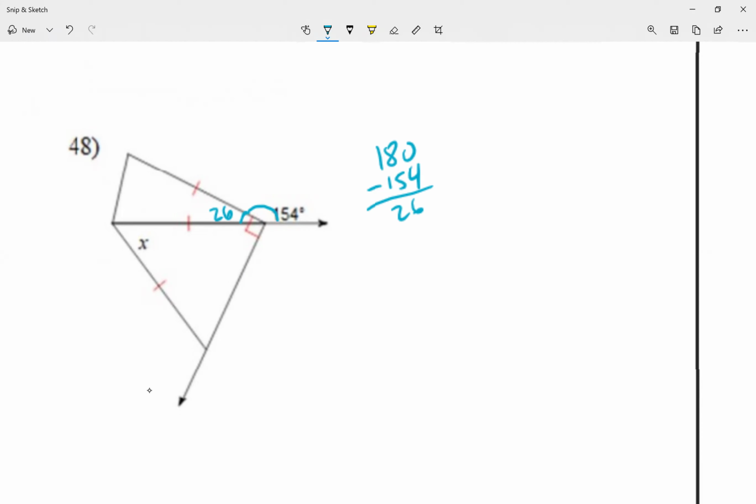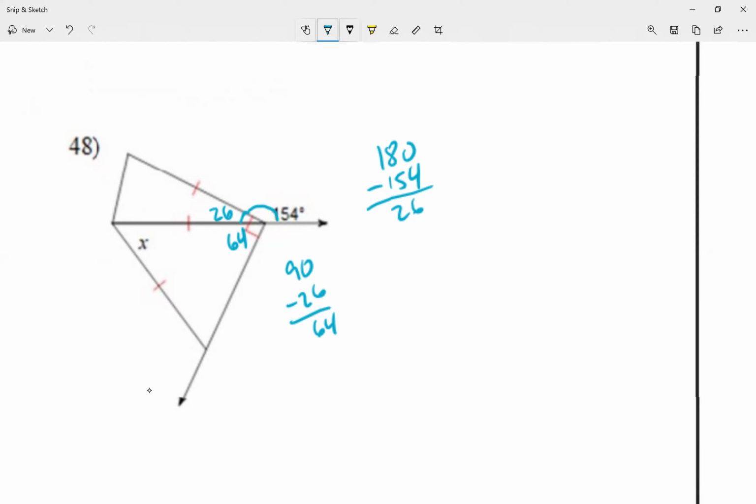Okay, what other number do we know? There's a 90, right? You see the red box? That corner is 90, but that is these two little angles combined. So what's 90 minus 26? Let me see, 90 minus 26 is 64. So it means this little corner here is 64, because combined has to be 90, right?